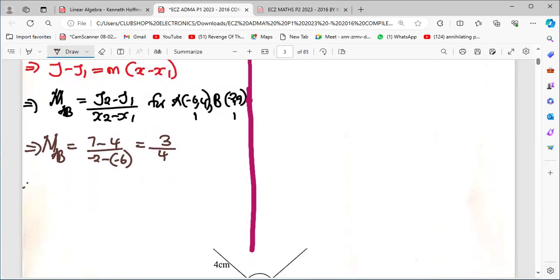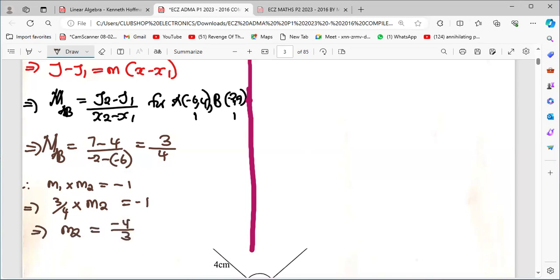Therefore M1 times M2 gives us -1. So M1 is the one that we found, 3/4, and M2 equals -1 divided by M1. So when you get the reciprocal, our M2 becomes -4/3. This is our M2.